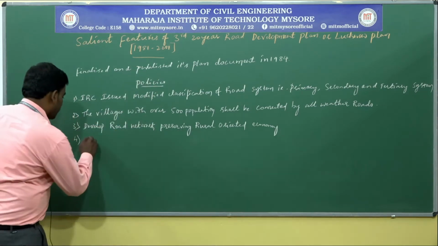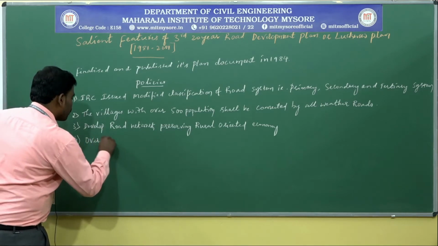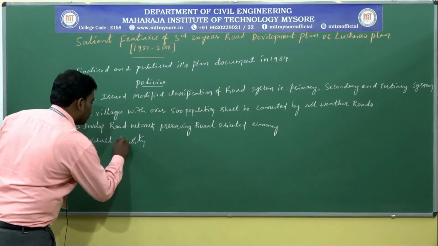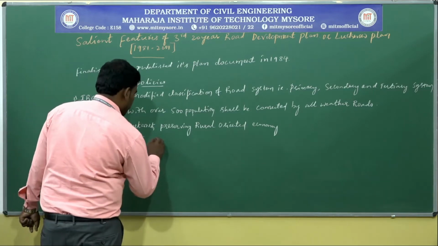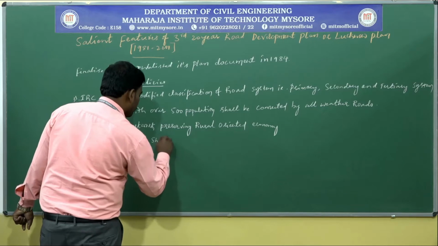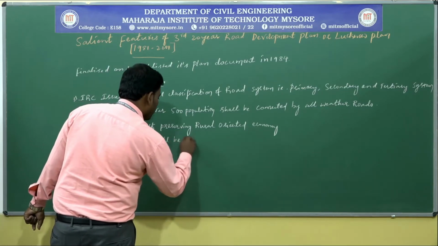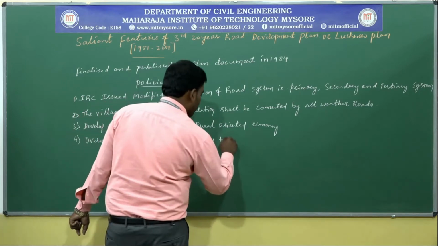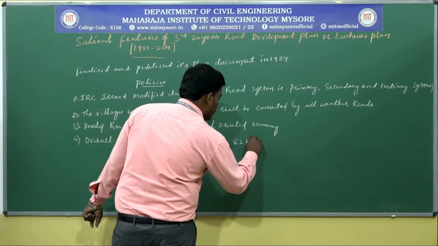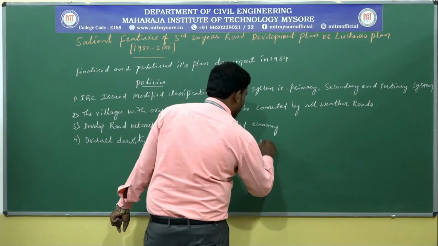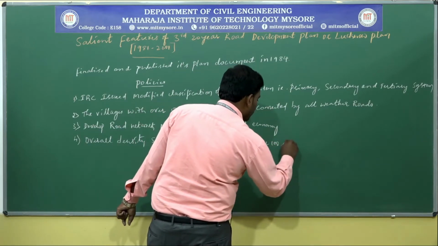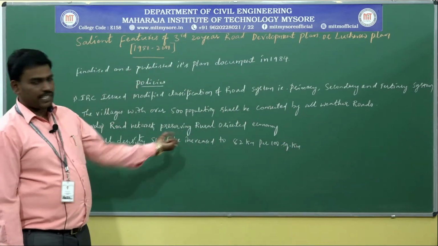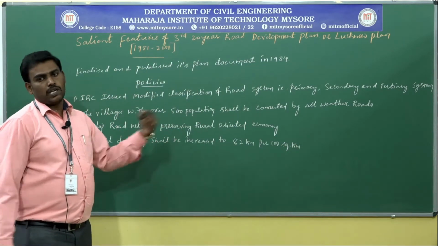The overall density shall be increased to 82 km per 100 square kilometer of area, in the plain terrain and in the rolling terrain.